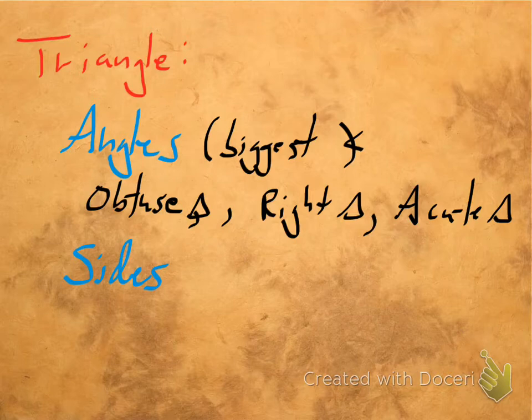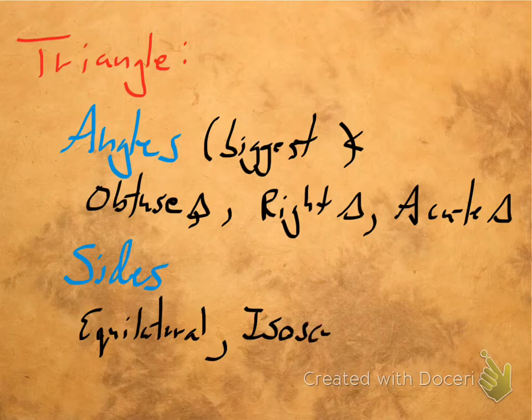When we classify by sides, if all the sides are equal, then we call it an equilateral triangle. If at least 2 of the sides are equal, then it's isosceles. And if none of the sides are equal, then we call it scalene.